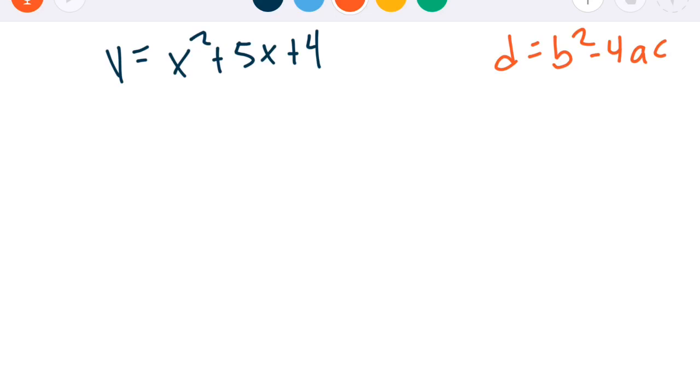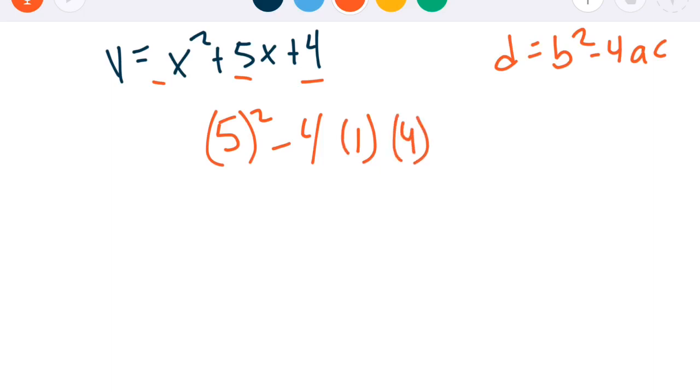So remember, the number in front of the x squared is the a, so in this case it would be 1. The number in the middle with the x is b, and the last number is c. So we have 5 squared, we're just going to plug in the numbers for the variables, minus 4ac, remember a is 1, and finally c is 4.